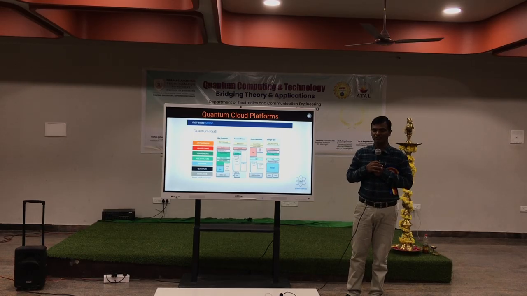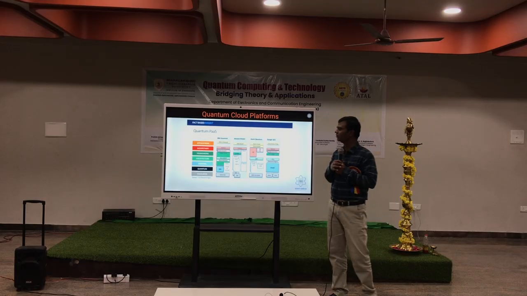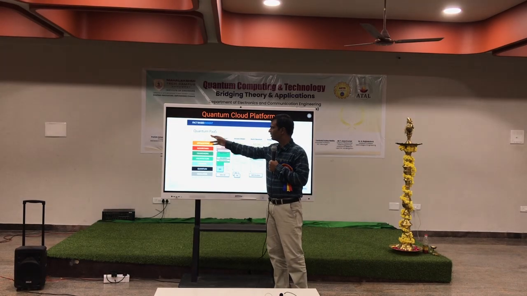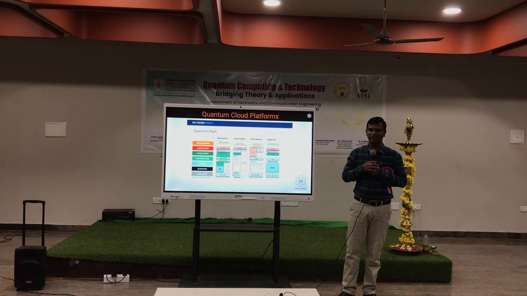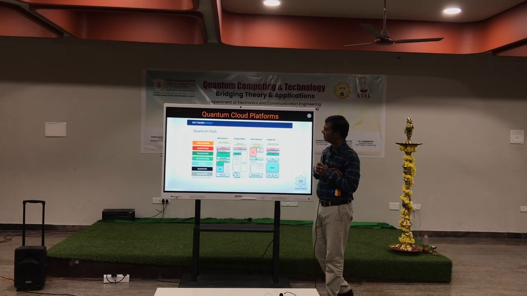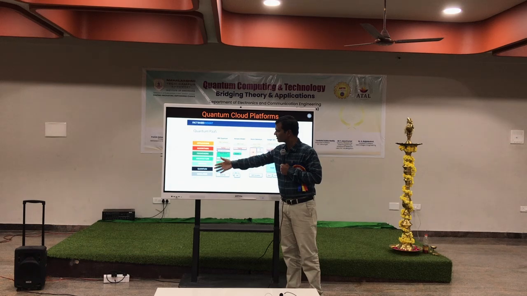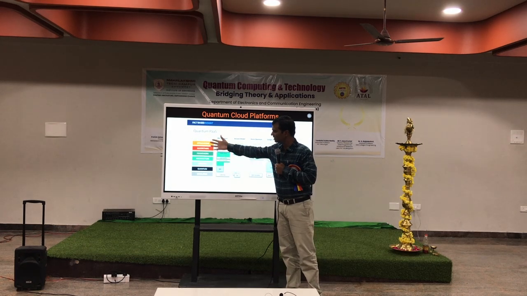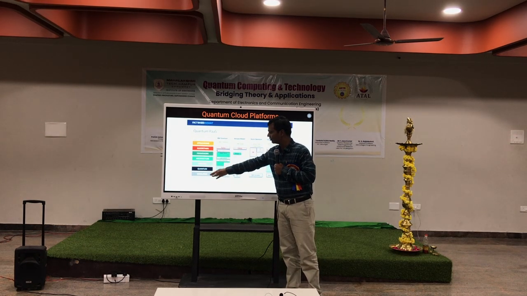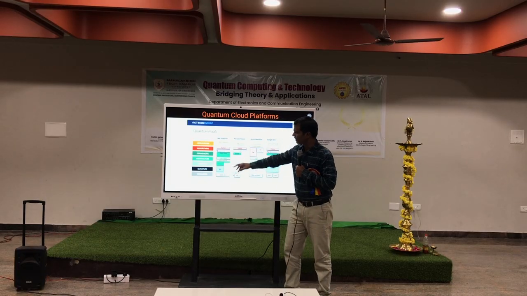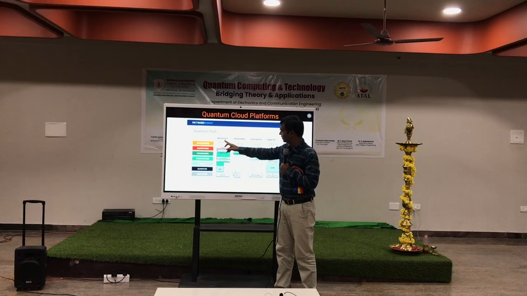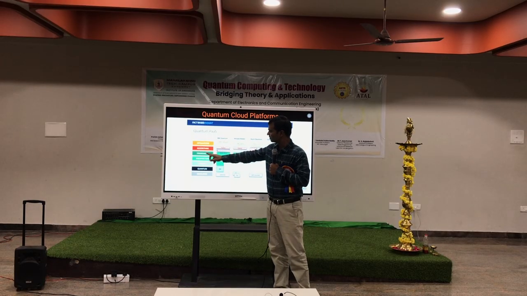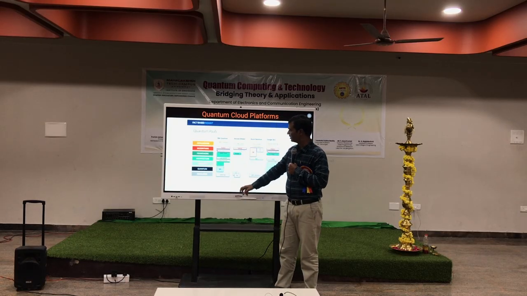Just like in classical computing, we do have quantum PaaS, that means quantum platform as a service. This is the architectural diagram, if you come from top to bottom: application, algorithms, framework, architecture, control, quantum and simulators, like that.